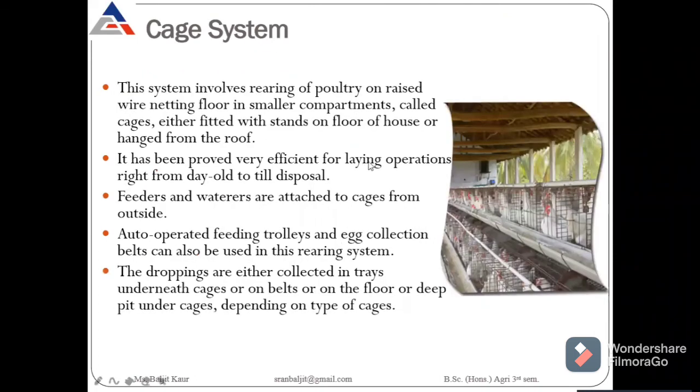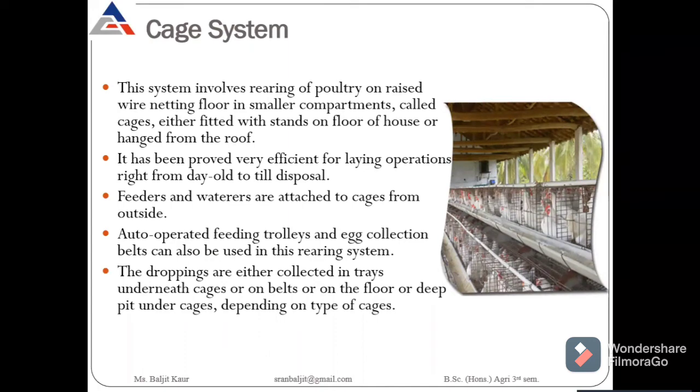The next one is the cage system. Cage system means to keep the birds in cages. So cages are made for an individual bird, right? This system involves rearing of poultry on a raised wire netting floor in smaller compartments. So smaller compartments are called cages. These compartments are made with the help of wire netting, right?